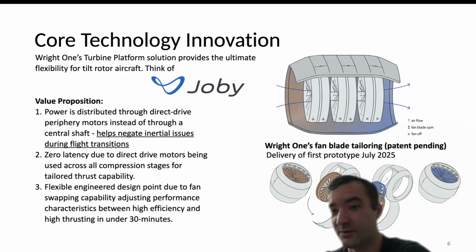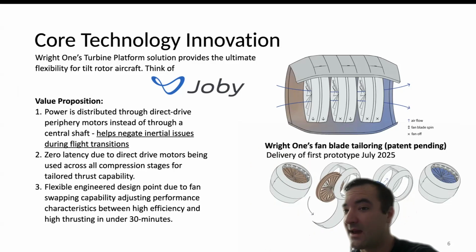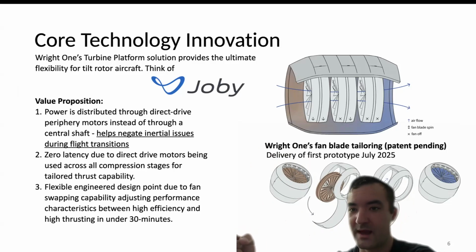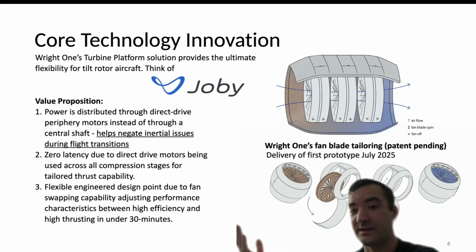What we're able to do is tailor the RPM across every single fan stage. And the reason is that if you have that same bicycle wheel and you rotate it with the right turbine, we can actually absorb that inertial load just by rotating a couple of the fan stages later on down the road at a slower speed to absorb it.